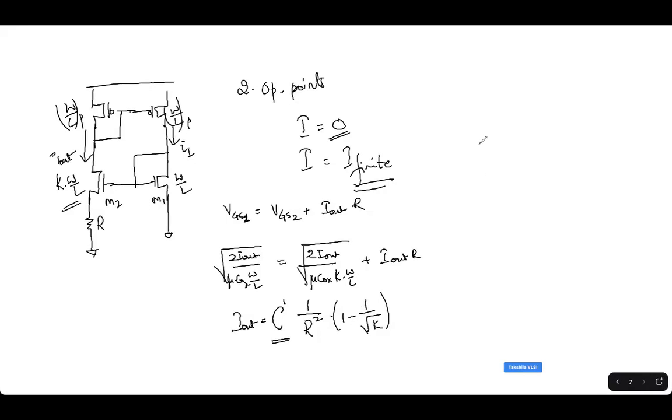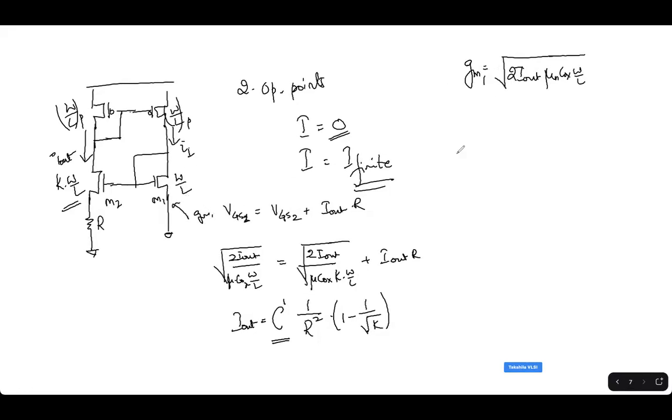I can get the expression for GM. GM is more or less it. GM stands as, there is an equation, right? 2I out mu n Cox W by L. GM of what? GM of this transistor.